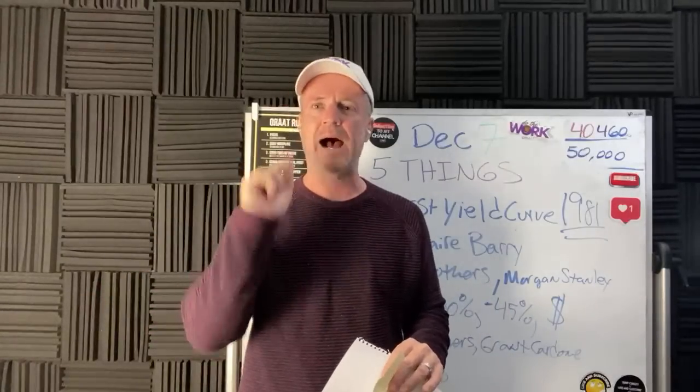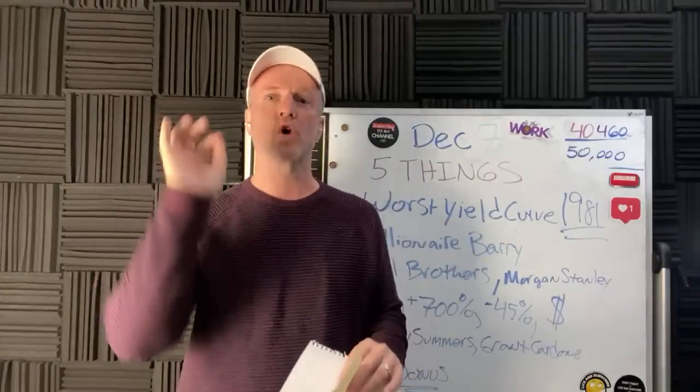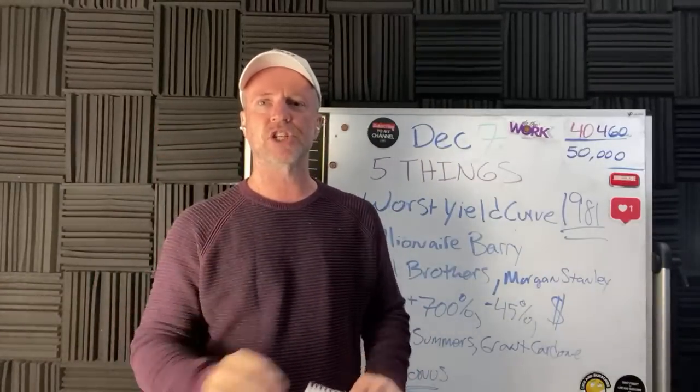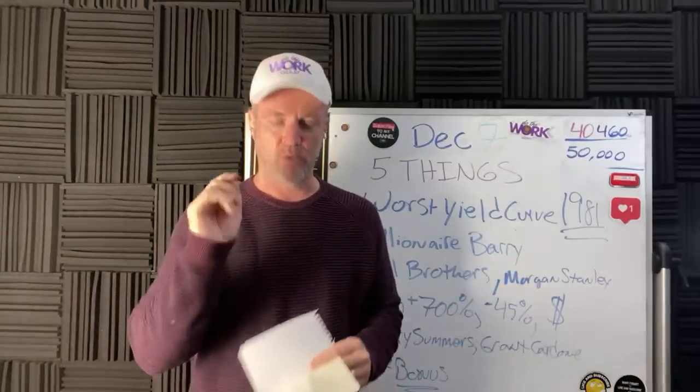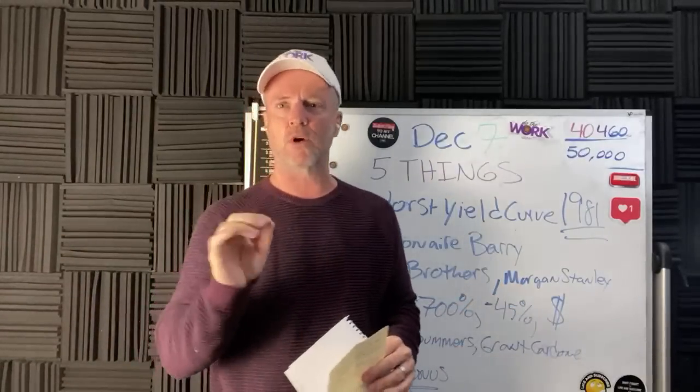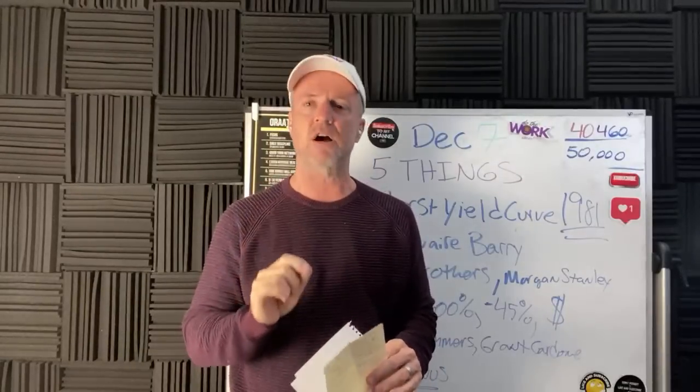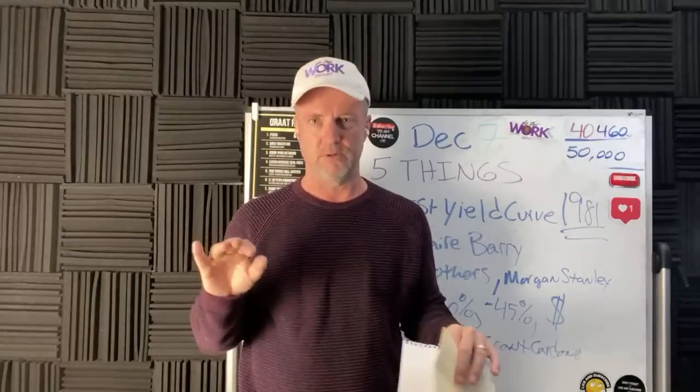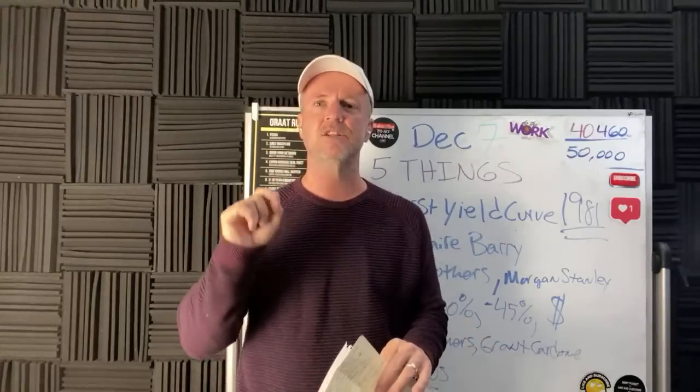So now, how did housing do in the worst yield curve inversion ever? Well, first and foremost, we have to talk about affordability. There's a lot of talk about housing affordability today, and it is horrible. You know what?